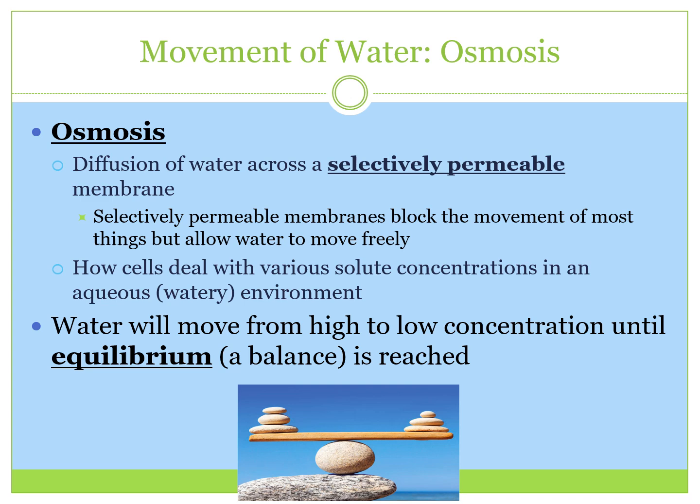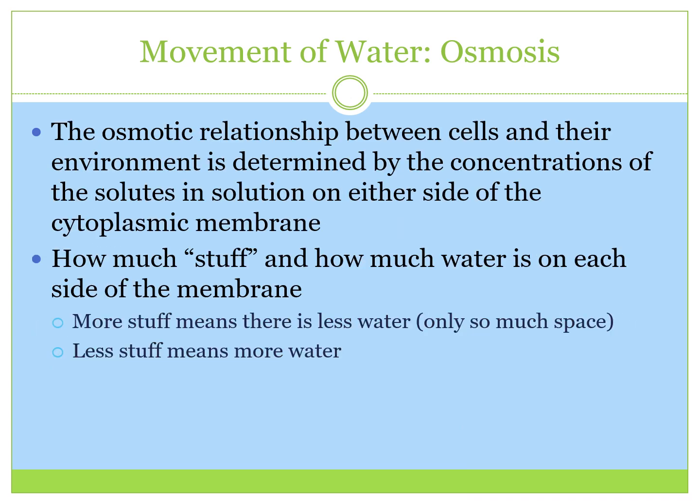So let's talk about what happens and how it happens. In talking about osmosis, we do need to talk about a relationship between the cells and then the solution that they are found in. So essentially their environment. We need to talk about something called a solute. So solutes you can think of as stuff being in the water. This can be salt, sugar, proteins, all kinds of things. So what we're talking about with this relationship is called tonicity.